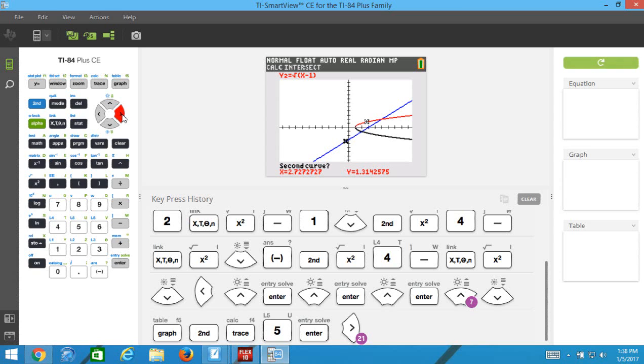Hit enter. And it says guess. So go close to where the two of them cross. Sometimes the curves cross more than once. So you got to tell your calculator, this is the one I'm looking for. And then hit enter and it will tell you the first intersection.